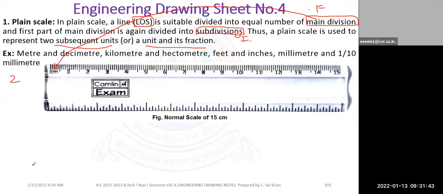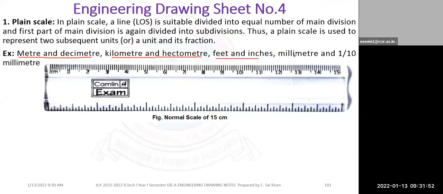Okay. So examples are meter and decimeter. Meter and decimeter you can take. Kilometer and hectometer you can take. Feet and inches, millimeter and 1/10 of millimeter you can take. So generally in any plane scale you have one main division and one subdivision.